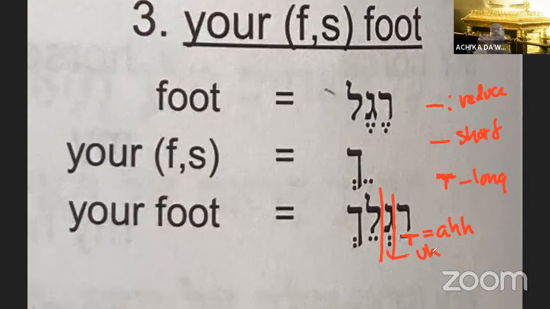So it's ragalake versus roglake. See, I want you to say it slower again. Ragalake, ragalake, ragalake, right? But that's not how I sounded because it's a short vowel. It's not a long vowel.